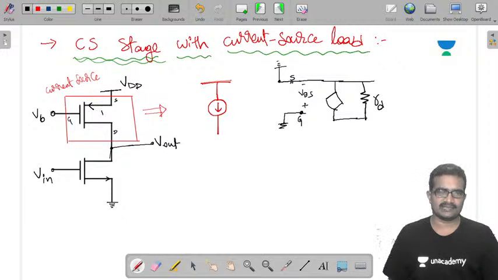Let us take M2 as device 2 and M1 as device 1, so this is VGS2, and its current is GM VGS2.